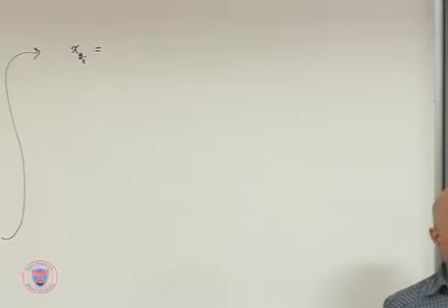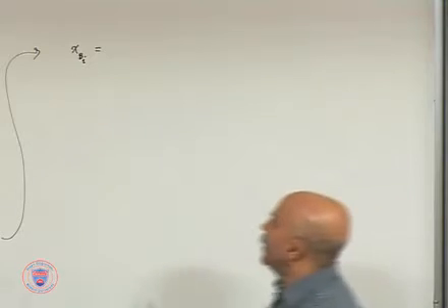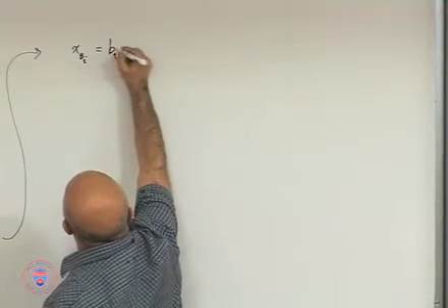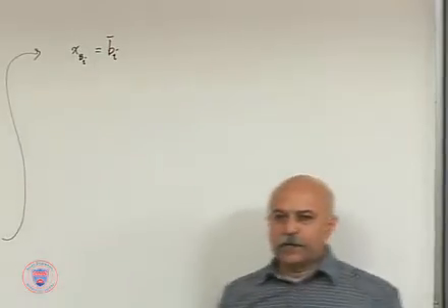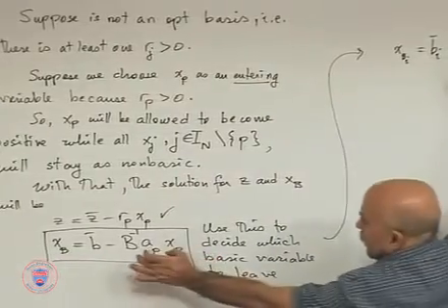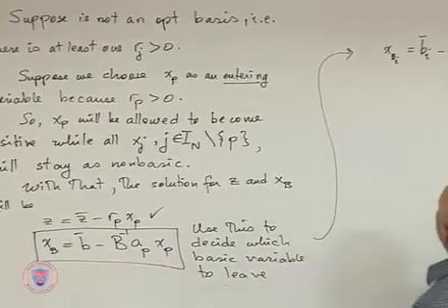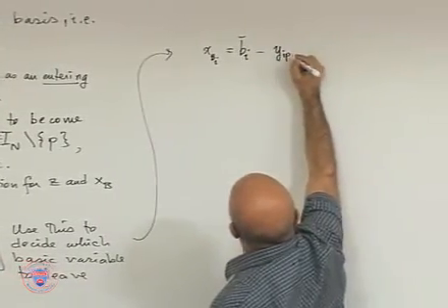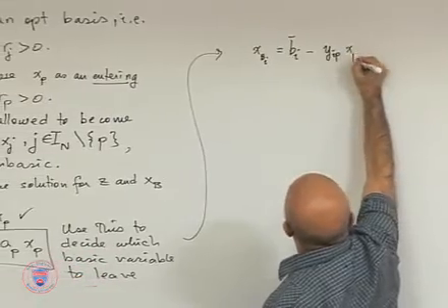Okay? That's the indexing convention. All right, so x sub b i is equal to the current value, b i bar, whatever that constant is, minus B inverse Ap, which I'm going to call y i p for the ith one, times xp.